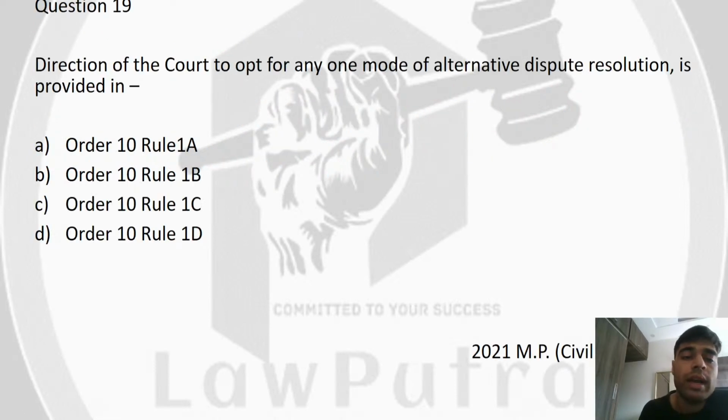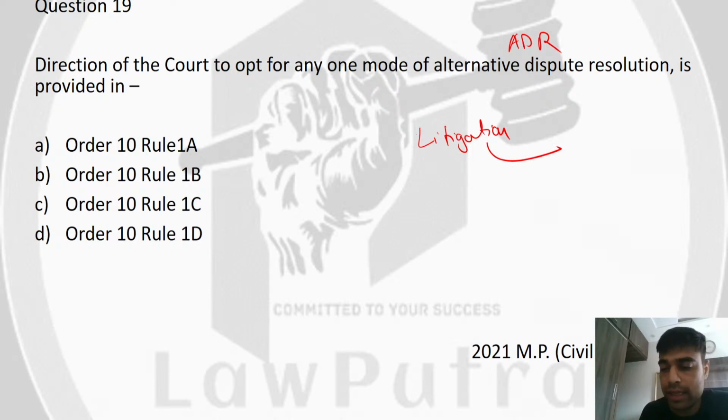Next question. Direction of the court to opt for any one mode of alternative dispute resolution, ADR, is provided in which provision? Let's say there is one litigation, and if you want to settle this matter out of court, there is something known as ADR, alternative dispute resolution.